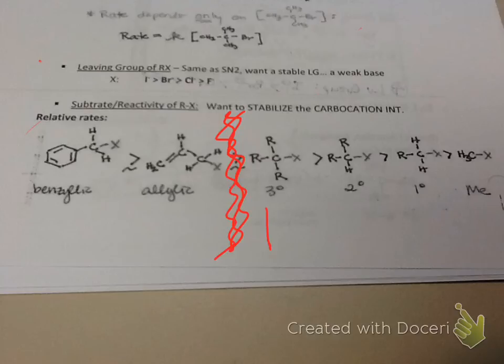Well, the one we talked about first in class was hyperconjugation. Back in the alkene chapter, we said the more R groups attached to a carbocation, the more stable it is. So if you have a tertiary alkyl halide, when the halide dissociates or moves away, you form that carbocation in its spot.